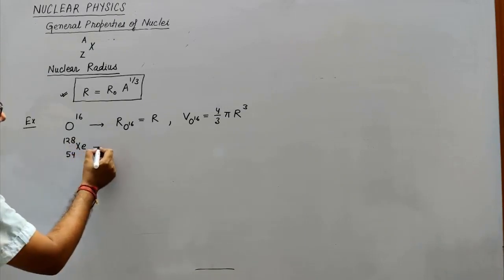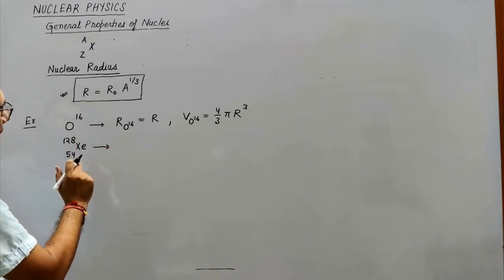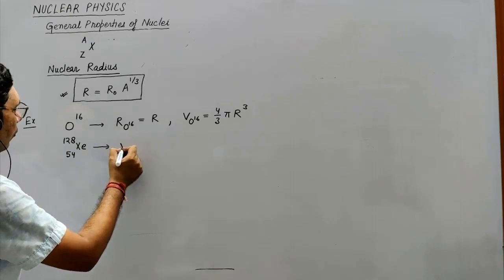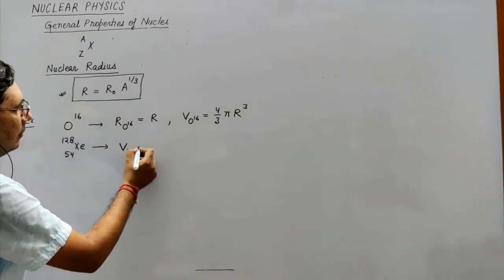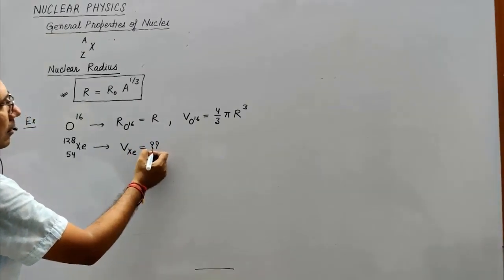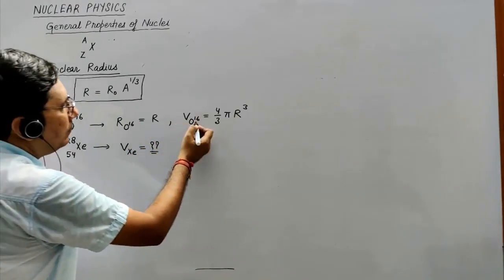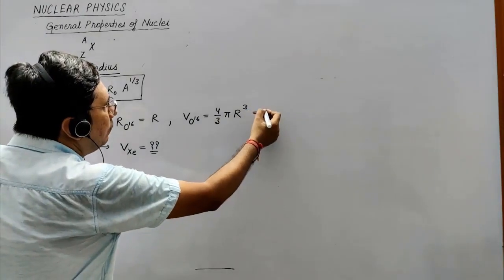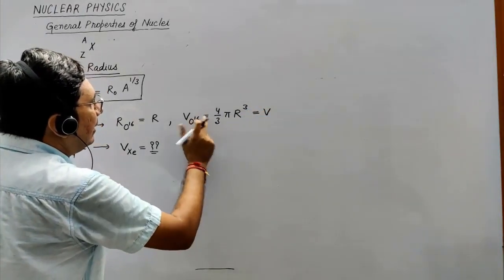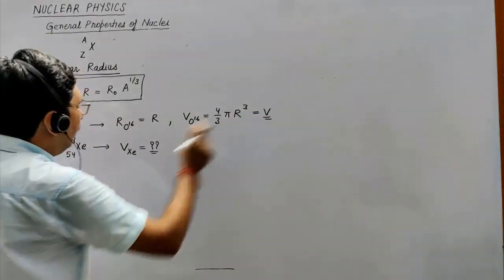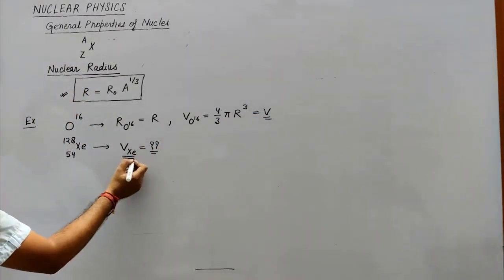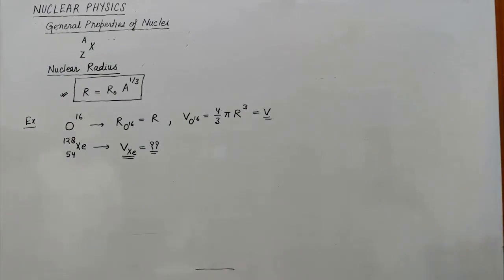The volume of this nuclei is represented by V Xe, and you have to find it in terms of the volume of O16, which is equal to V. They have written that this volume 4 by 3 pi R cube is equal to V. So we have to find out V Xe in terms of V.